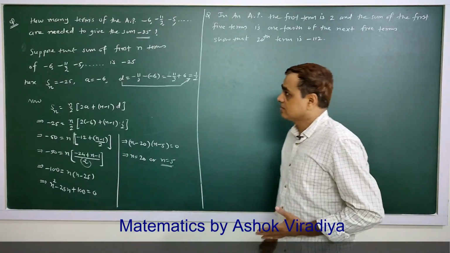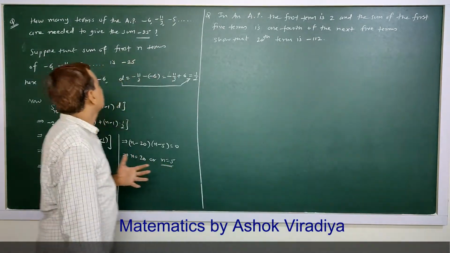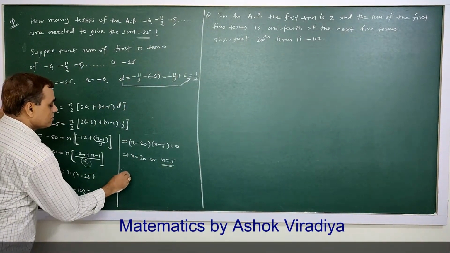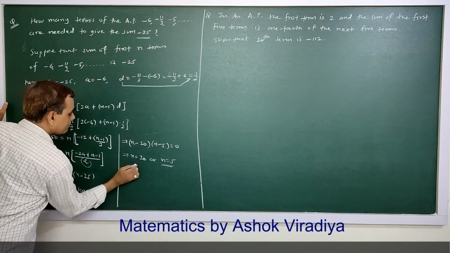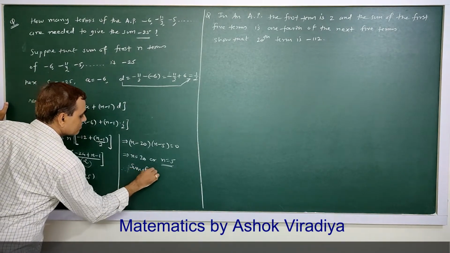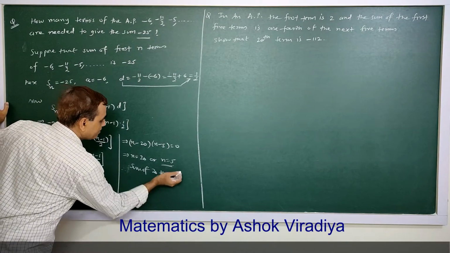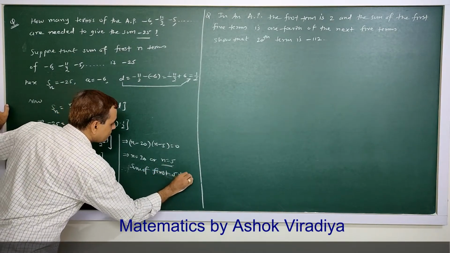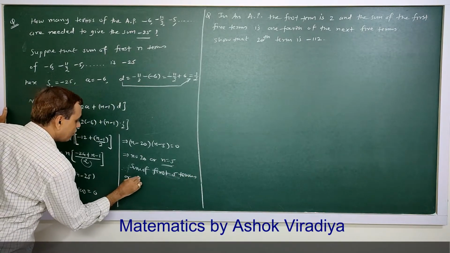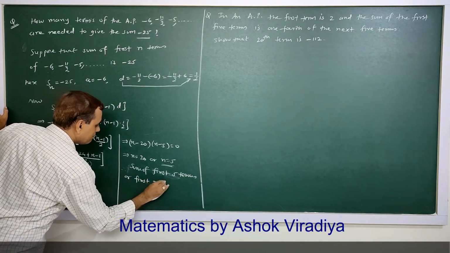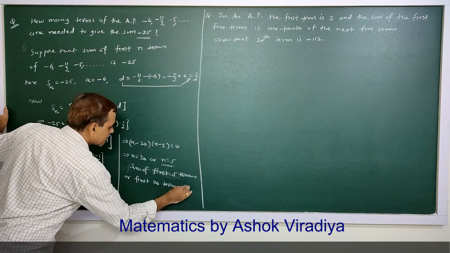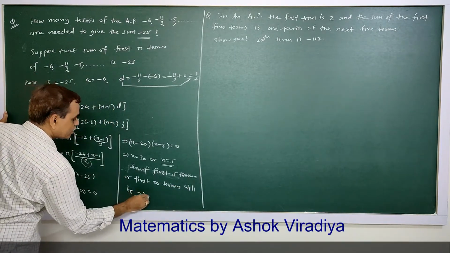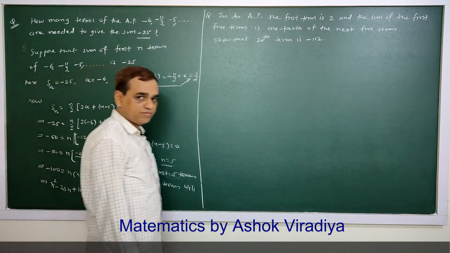So therefore, either the sum of the first 5 terms or the sum of the first 20 terms will be minus 25.